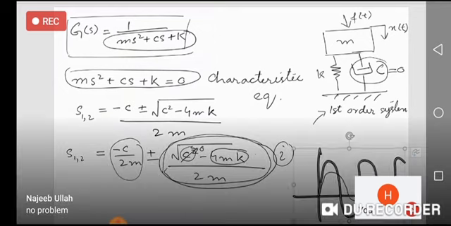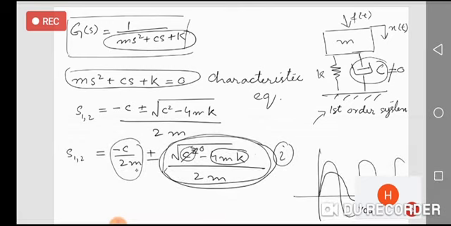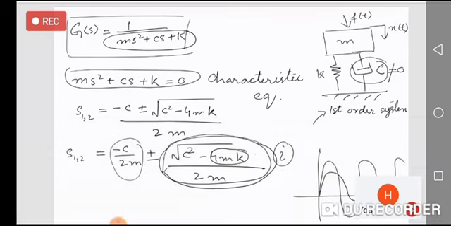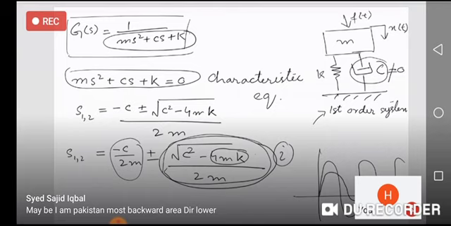On the other hand, if the c value is not equal to 0, but the c square value is still less than 4mk quantitatively, then again we will end up with a negative value inside the radical, and so an imaginary component containing iota.